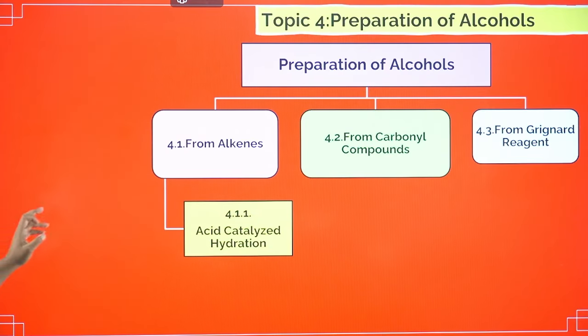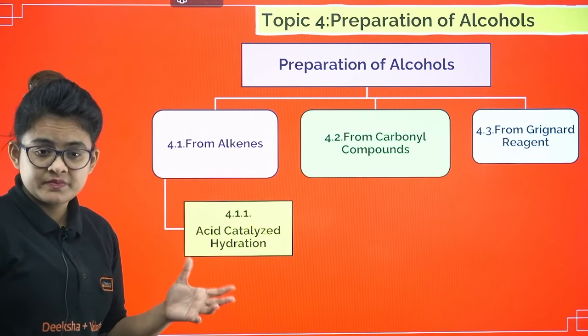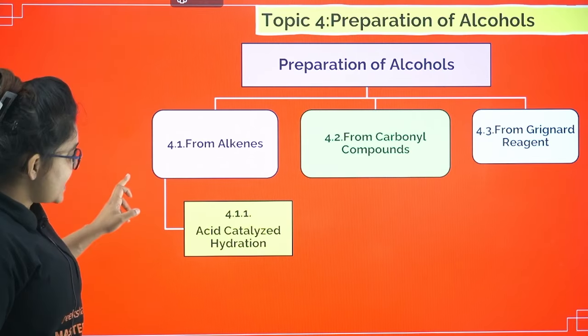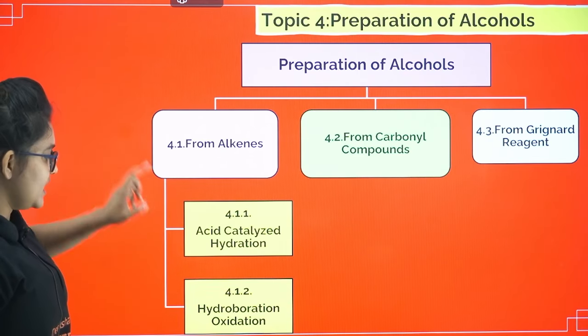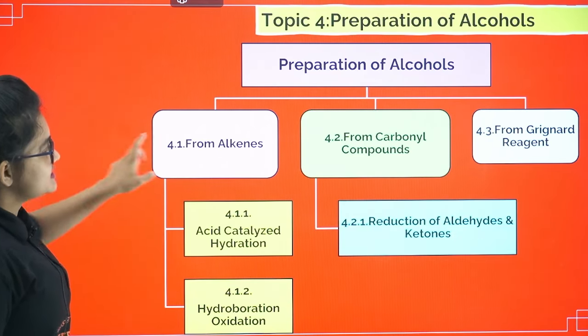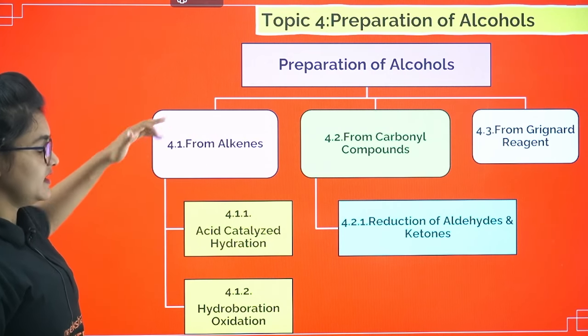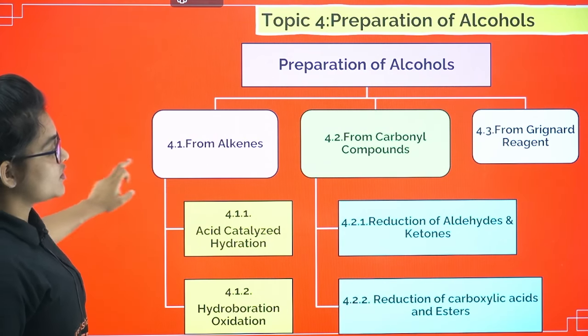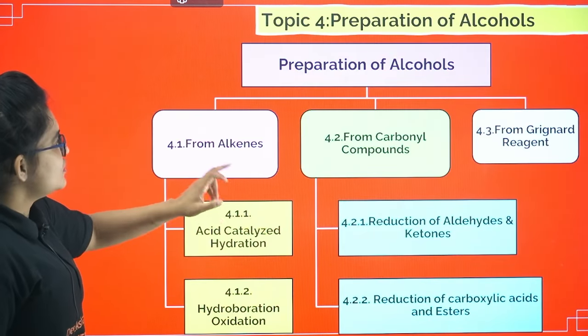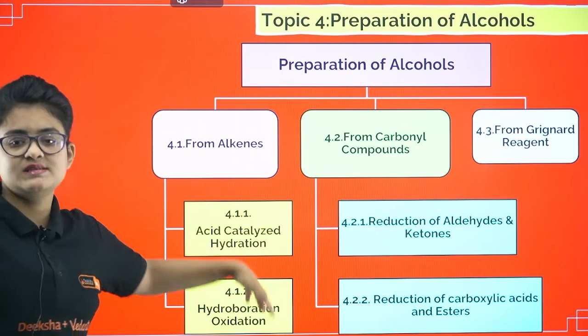For alkenes, it can be acid catalyzed hydration or hydroboration oxidation. For carbonyl compounds, reduction of aldehyde and ketone, and reduction of carboxylic acid and ester. So let's start with these preparations.